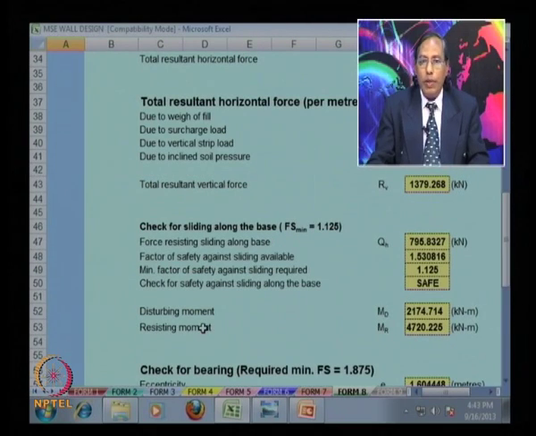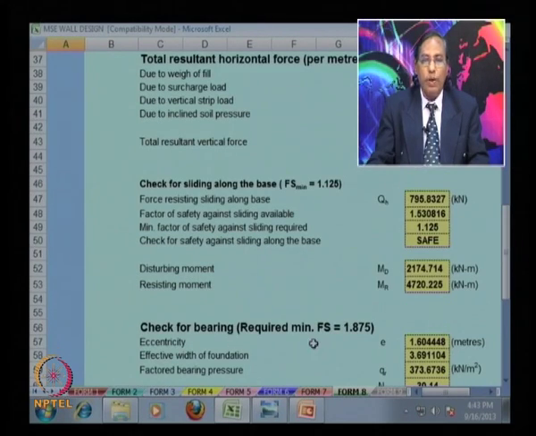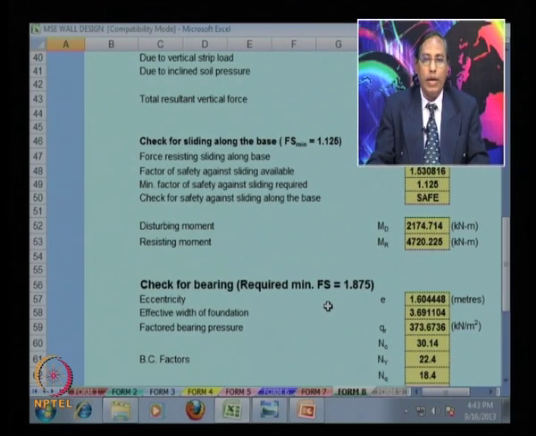Now the disturbing moment MD is 2174.714 kilonewton meter and the resisting moment is 4720.225. So check for the bearing capacity, required minimum 1.875.